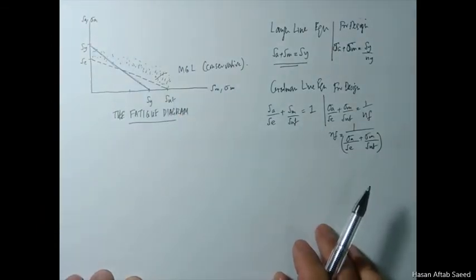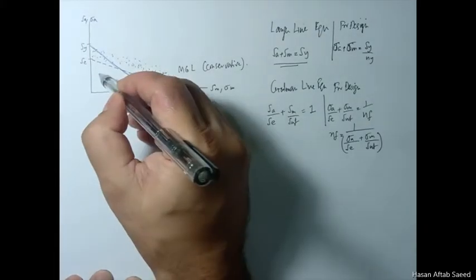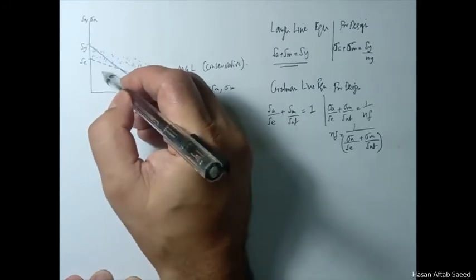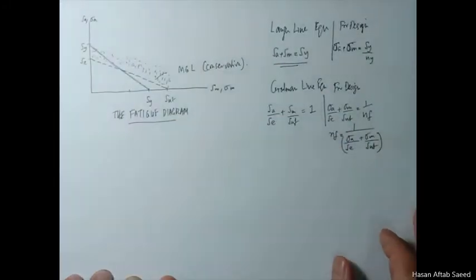Now the procedure was to find sigma A and sigma M, fully corrected by using the fatigue stress concentration factors, and then plot them here and find out whether the point is safe as far as yielding as well as fatigue is concerned.